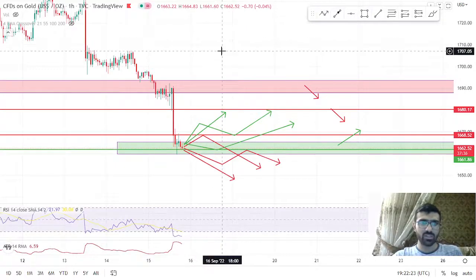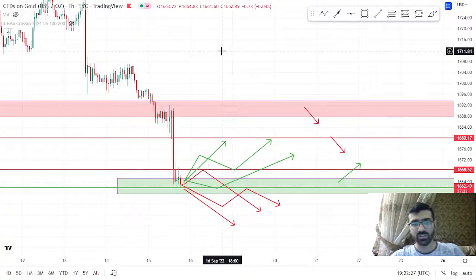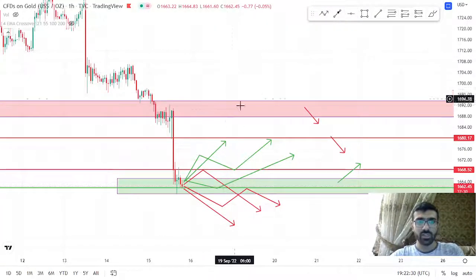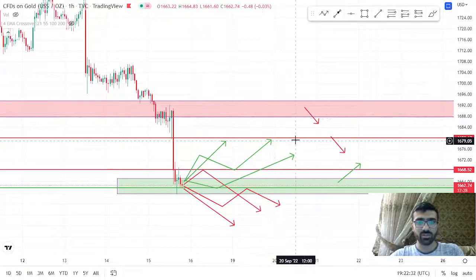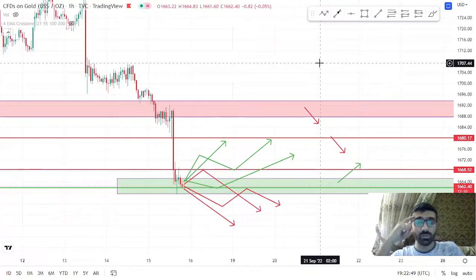So I think we have to be vigilant that the market will give us a good retracement, and we have to be vigilant to sell from this area or from this area. Okay, so now if you guys have taken all the scenarios in your mind and you trade accordingly, just be vigilant tomorrow and do not miss any profit that could come your way.